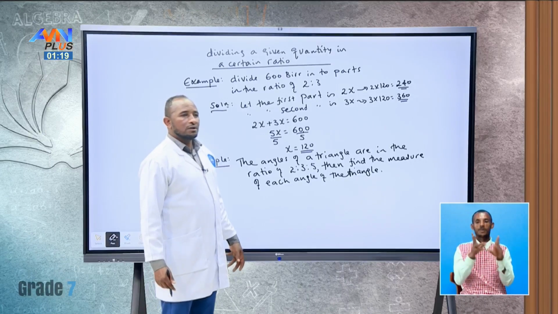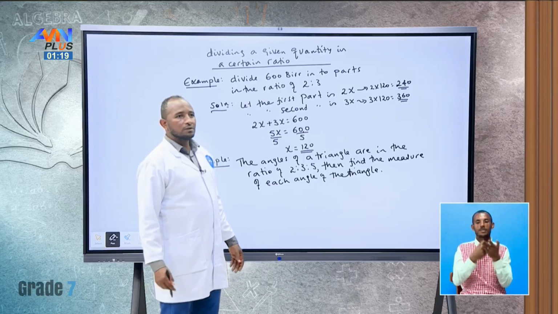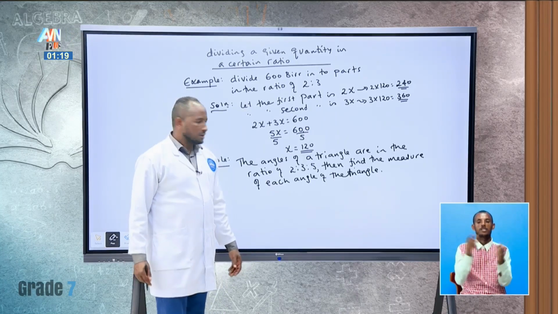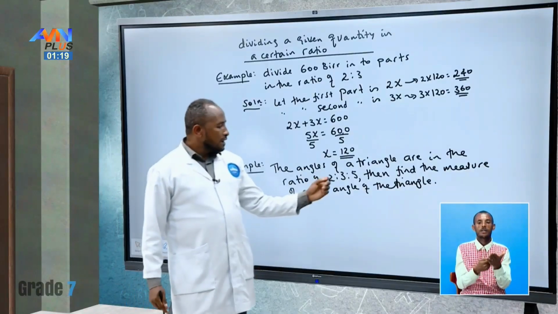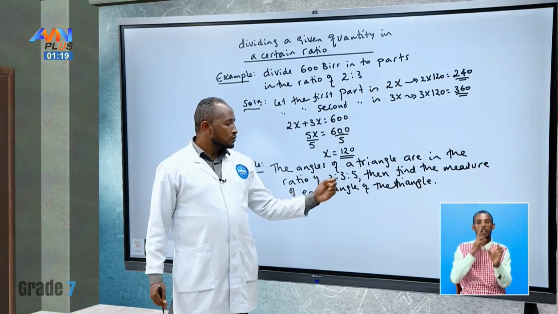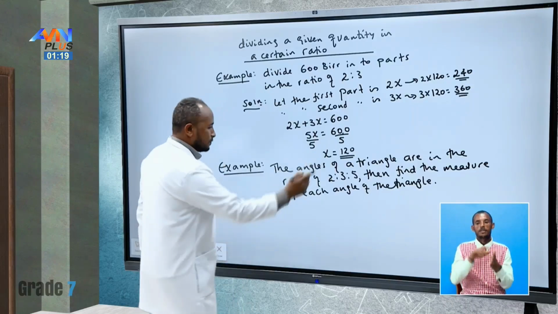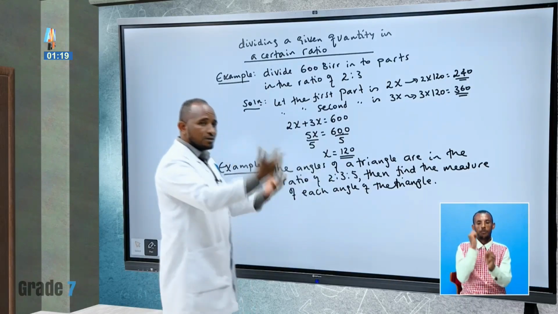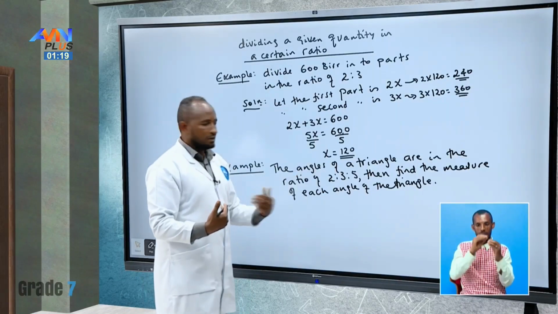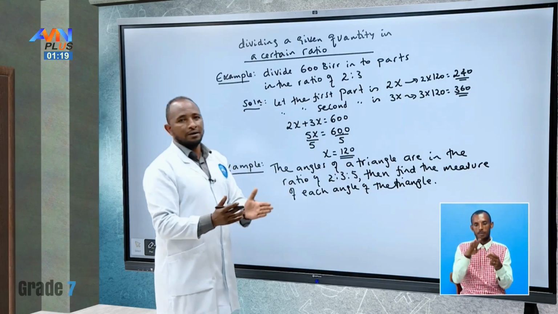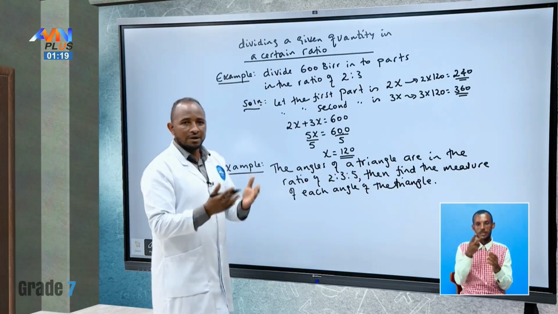Okay, students, have you tried the question? Good. Now, let's see the answer together. Here, the three angles are in the ratio of 2:3:5. Therefore, to find the original numbers, you have to multiply each by a certain number. Let's say that number is x.